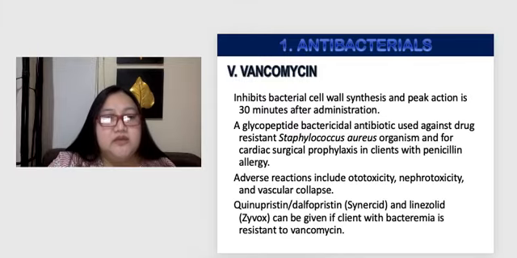Also, ang vanco is not effective sa enterococcus. Okay? Kaya meron diyang quinupristin or dalfopristin. Okay? Linezolid is also okay. No? Pwede sila for Enterococcus and Staphylococcus, yung dalfopristin.